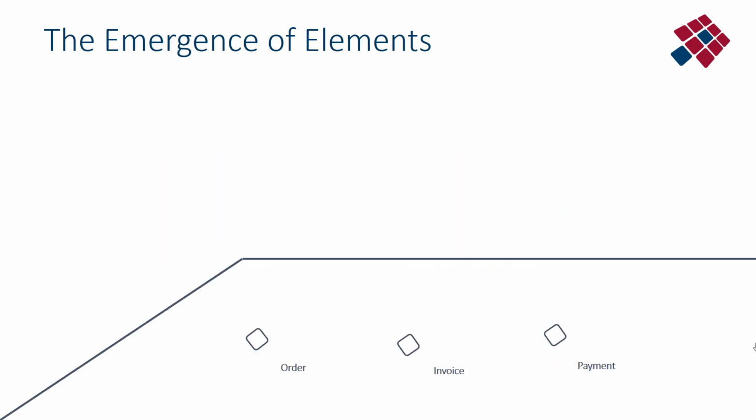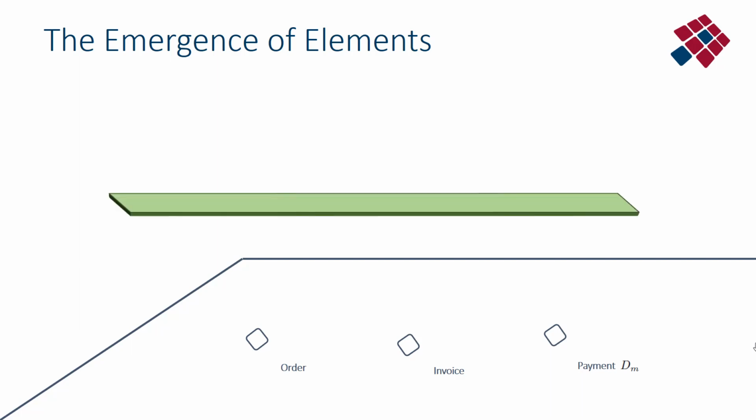Now, in general, you have a number of functional entities, and you have a number of cross-cutting concerns. So suppose, for instance, you have in this schematic drawing three functional entities, an order, an invoice, and a payment, and you have a number of cross-cutting concerns.